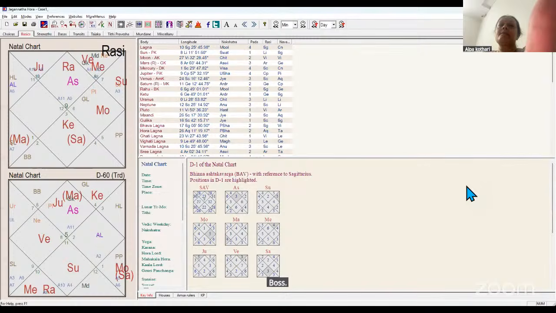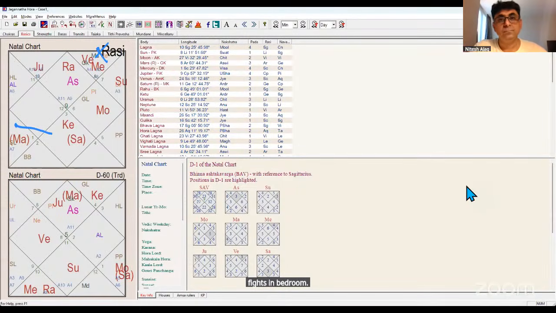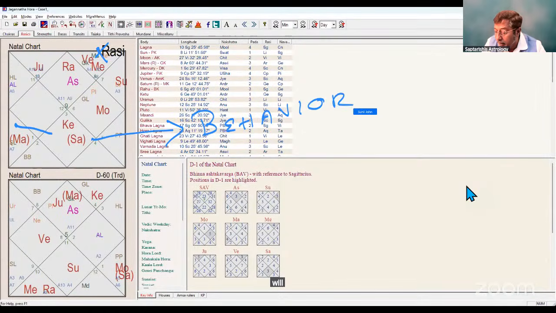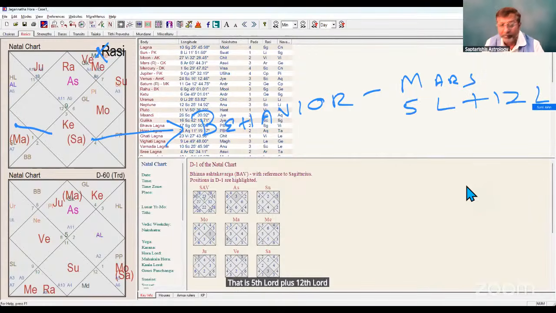Mars is the owner of the 12th house and the 5th Lord. So Saturn is, write this down, Kaksha means behavior. Saturn's behavior will be like Mars, that is 5th Lord plus 12th Lord combination.